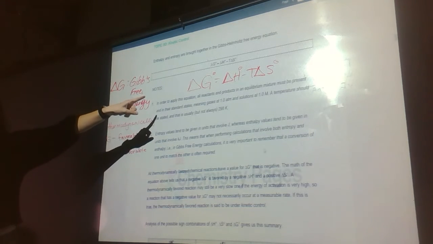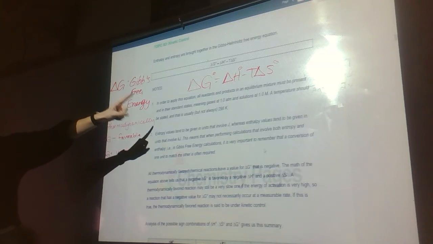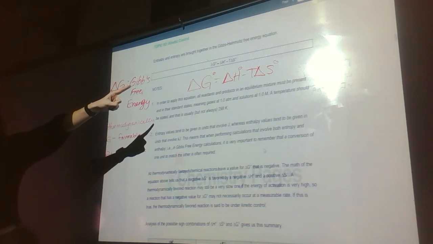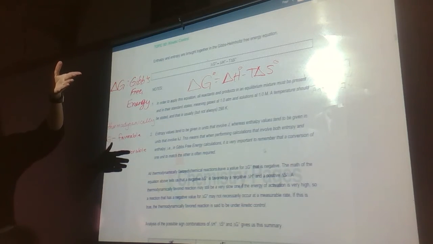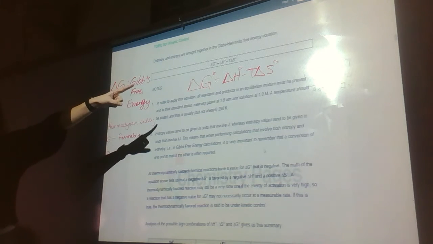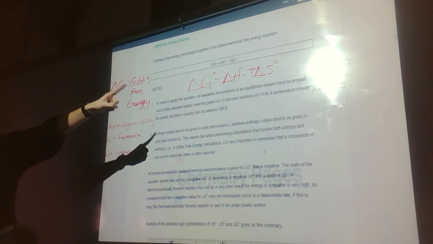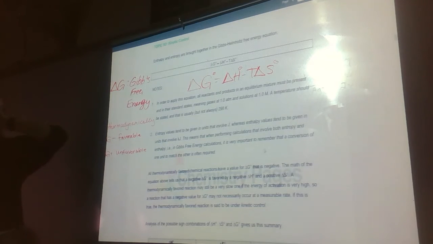The free energy of a reaction is equal to the enthalpy, endothermic or exothermic, minus the temperature in Kelvin times the entropy: delta G equals delta H minus T delta S. So far, so good?